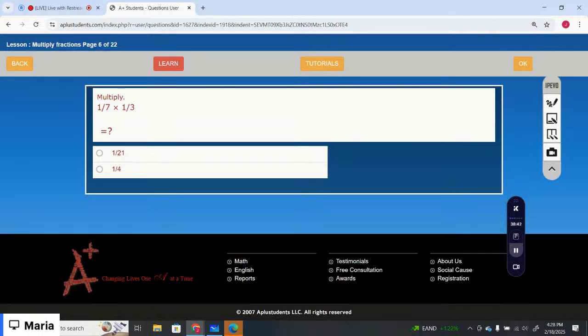1 by 7 times 1 by 3, which is the correct option? That is 1 over 21.